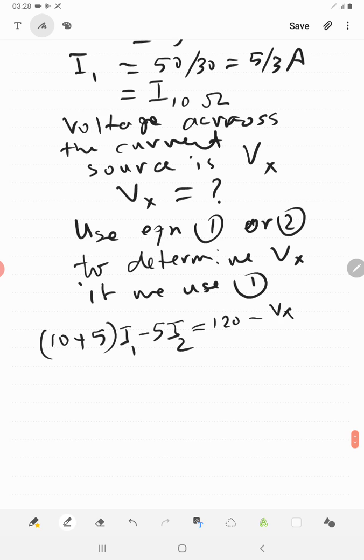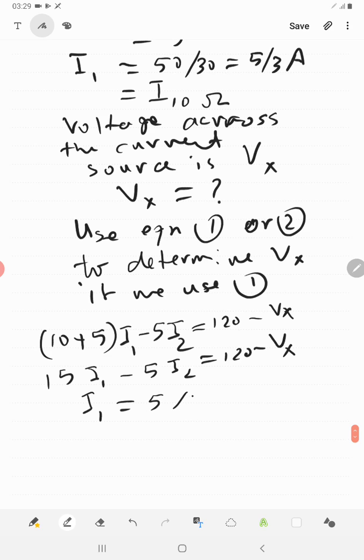Okay, now we know I1, so this is 15 I1 minus 5 I2 equal 120 minus Vx. I1 we have calculated as 5 over 3.